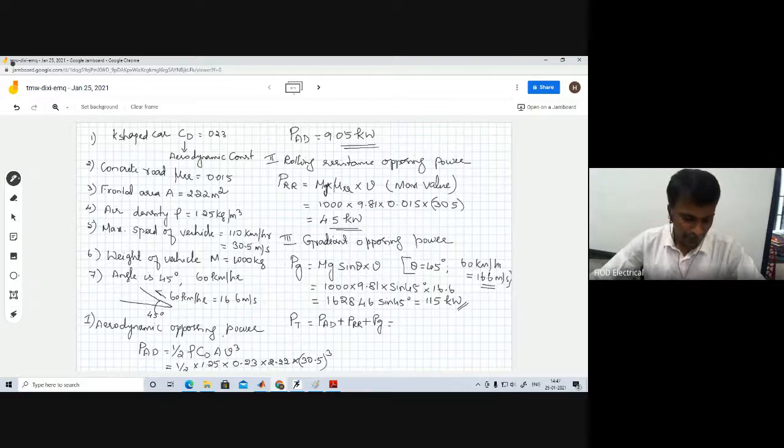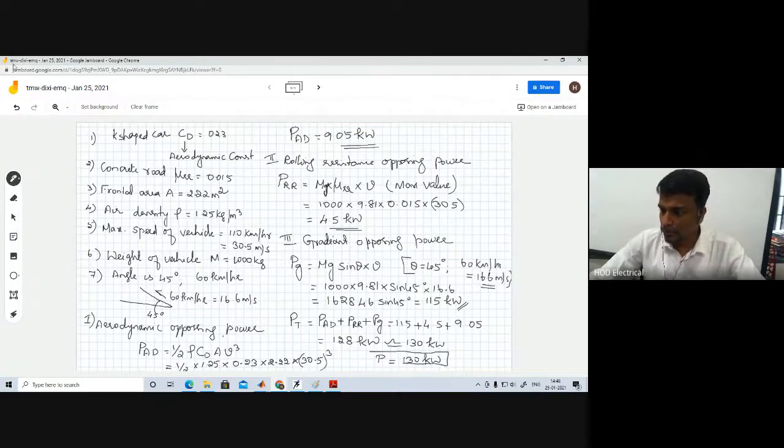Accordingly, we have 115 plus 4.5 plus 9.05 kilowatts, which is a total of about 128 kilowatts, approximately 130 kilowatt. So the total tractive power is 130 kilowatt.